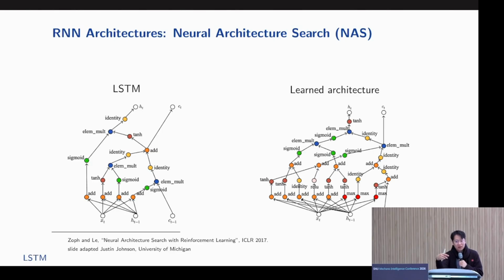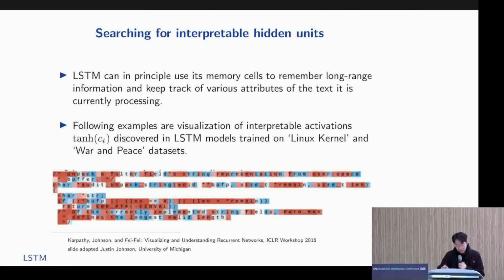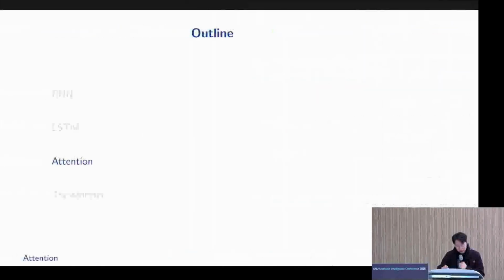Based on the reward, you propose the next neural architecture, and so on. If you repeat this, you're going to be able to propose a network that presumably works better than what already exists. This research area is called Neural Architecture Search, or NAS. I'm going to skip these so you can read it on your own.